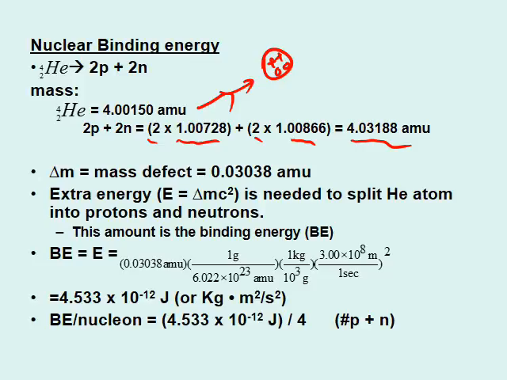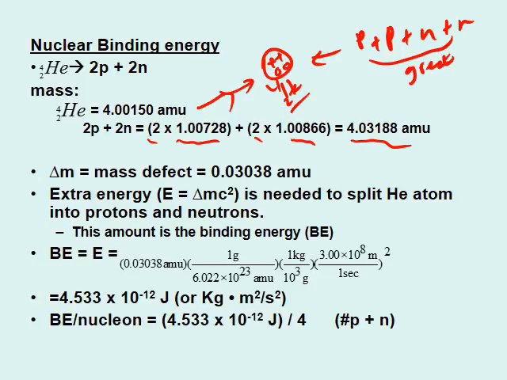So in other words, when you make a helium nucleus from 2 protons and 2 neutrons, let me show you hypothetically: proton plus proton plus neutron plus neutron gives helium, 2 4. The mass on the left hand side is greater than the mass on the right hand side.